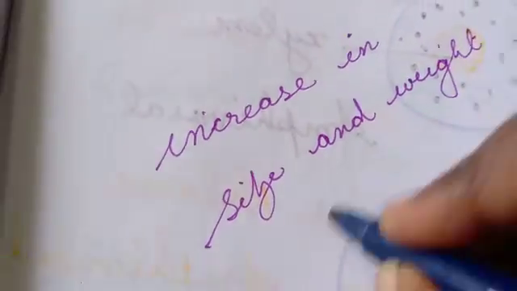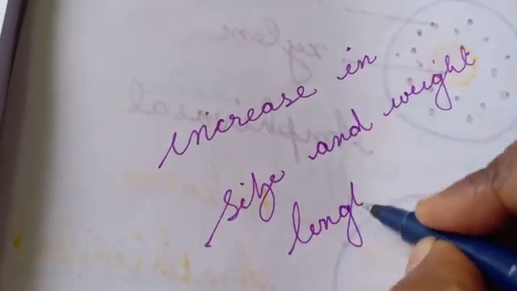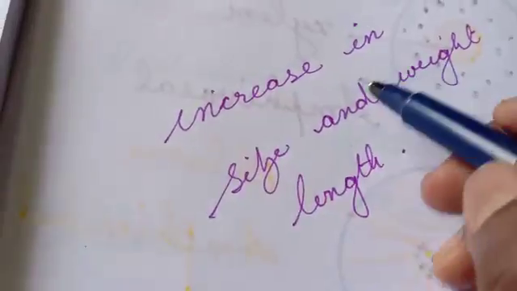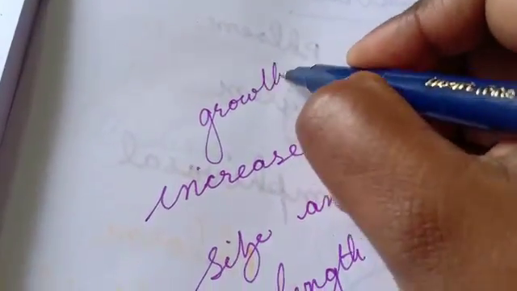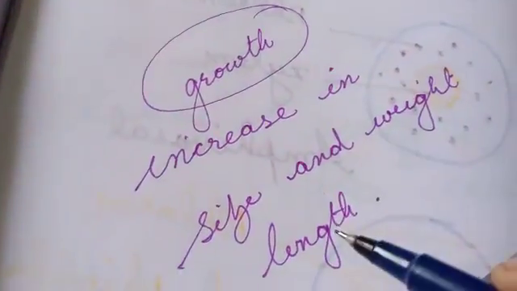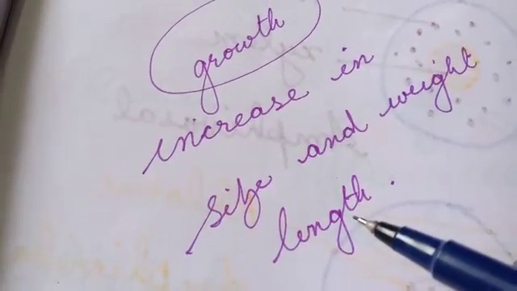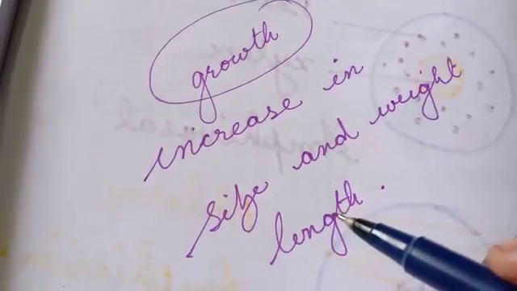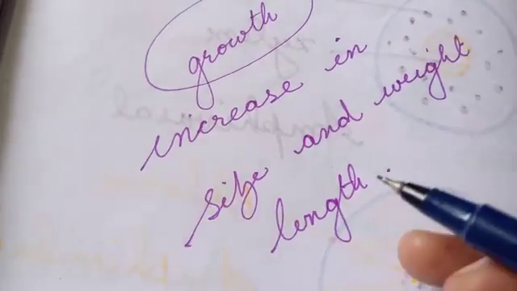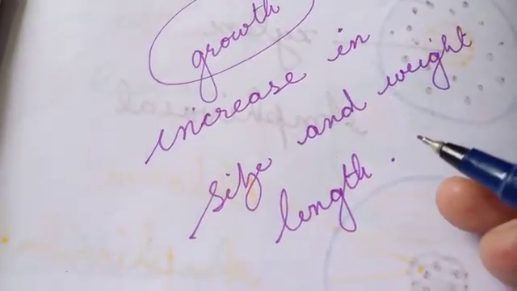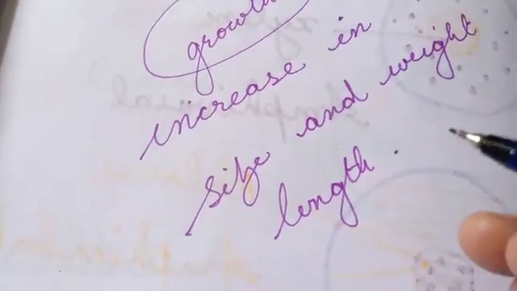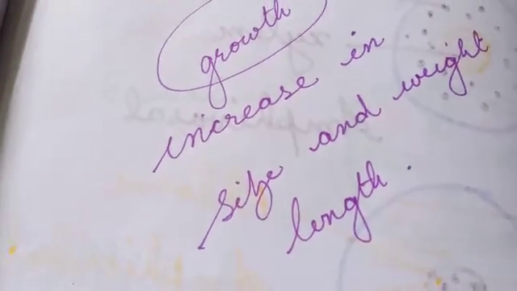Weight, size, length, all these things we can take. So increase is called growth. So what is a secondary growth? To know it, we must understand some of the internal characters of the plant.